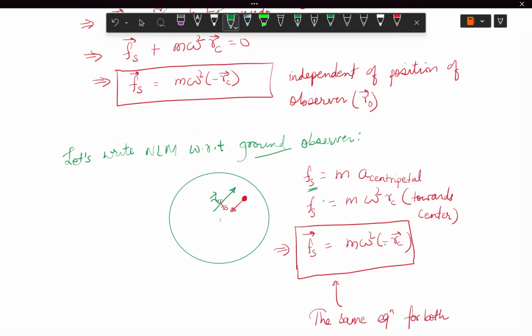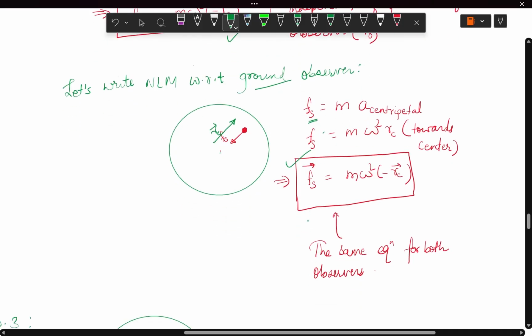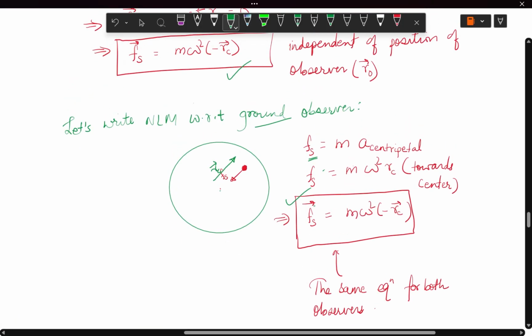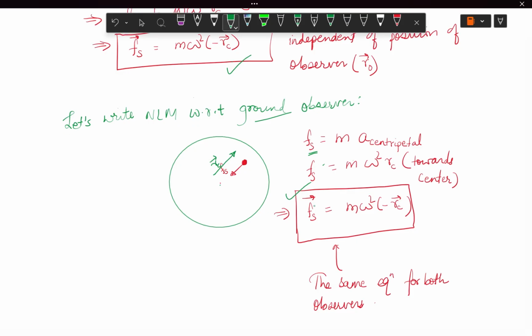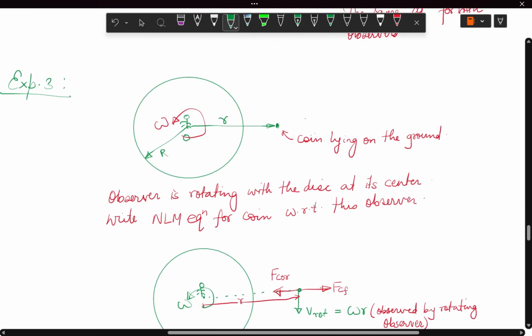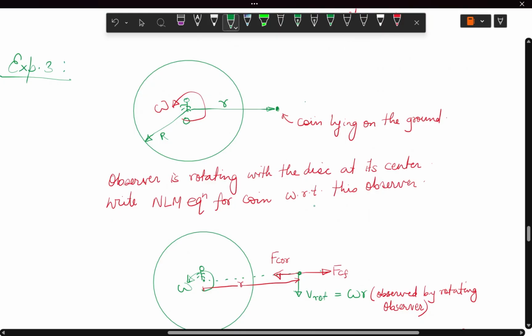That's why there is a minus. So these two equations are identical. We are getting the same equation. Now we are getting the feel of how to write the NLM equation with respect to a rotating or translating observer. Next, I'm taking the third example.